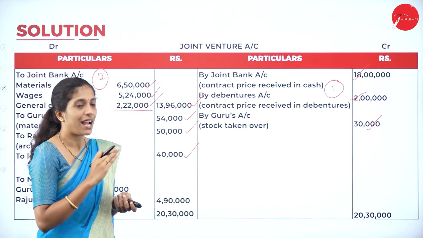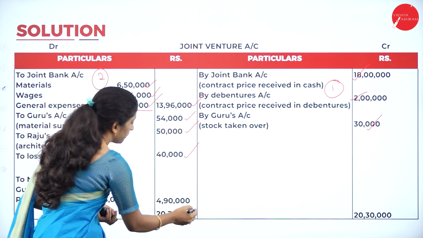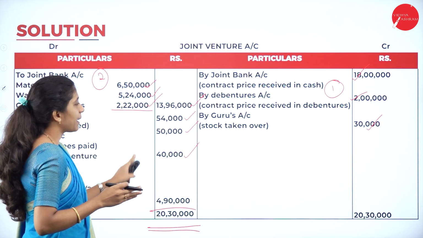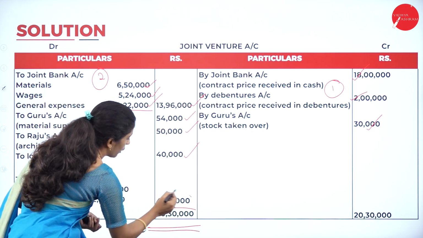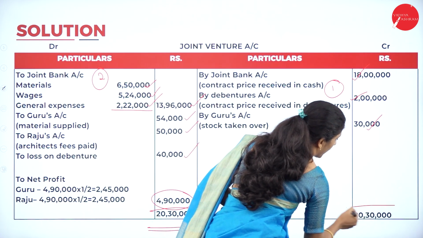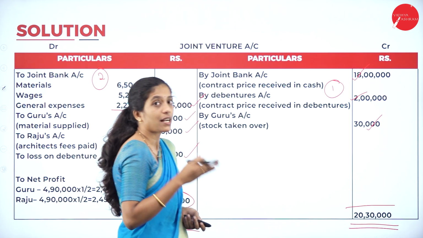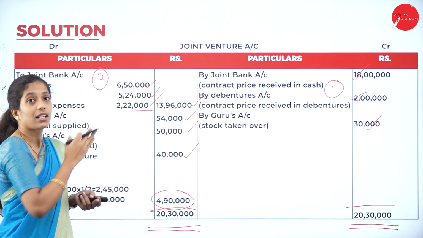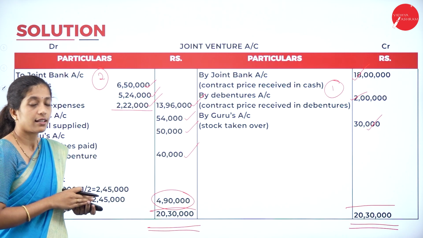Now as usual we have to balance both the sides. So here what happens? In the debit side, you will get a balancing figure of 4,90,000. Whereas credit side is more, how much? 2,30,000. Whereas debit side, you will get a balancing figure of how much? 4,90,000. So if the credit side is more than debit side, then what does it mean?